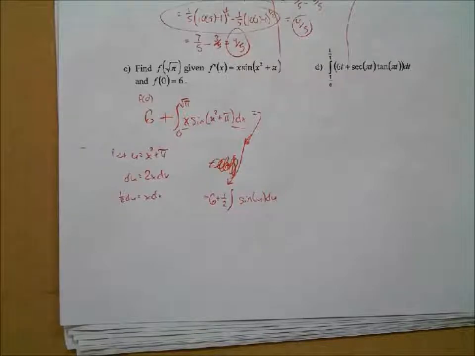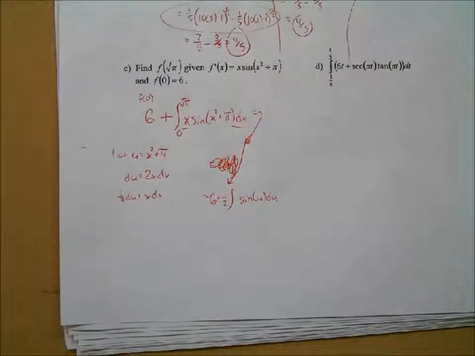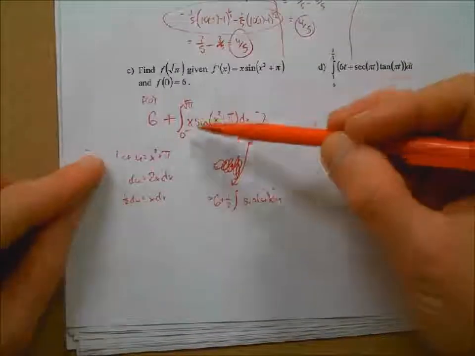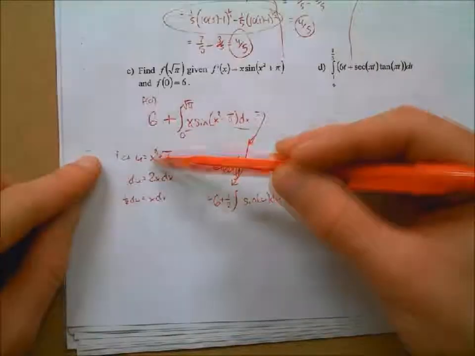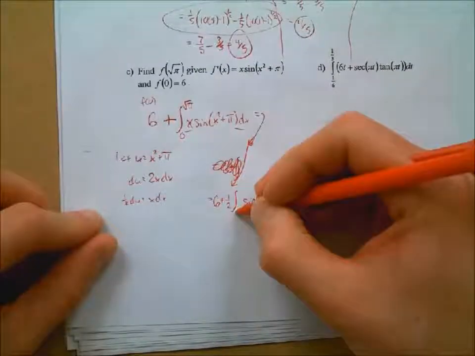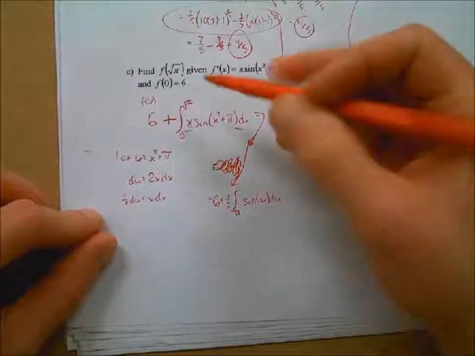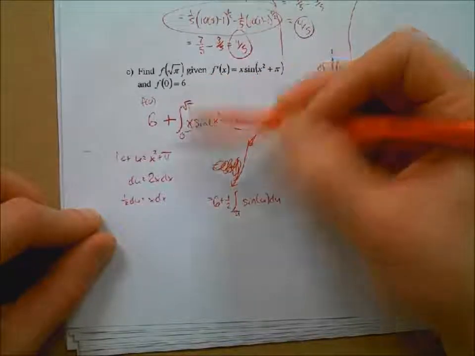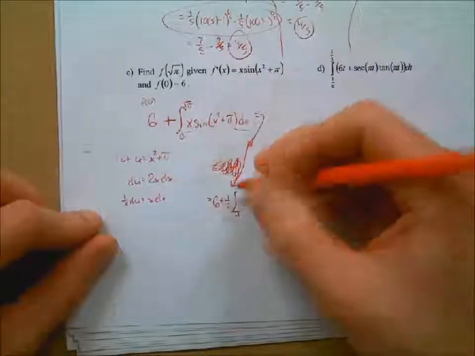Okay, so the limits of integration here, I'm going to change them. So we'll plug in the 0 for the lower limit. 0 squared, 0 plus pi is pi. Square root of pi squared is pi, plus pi is 2 pi.